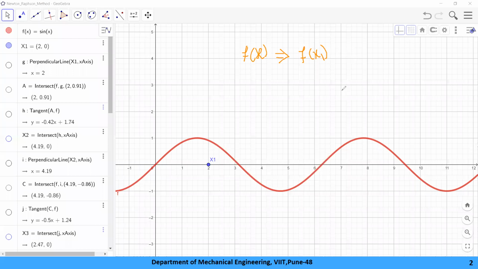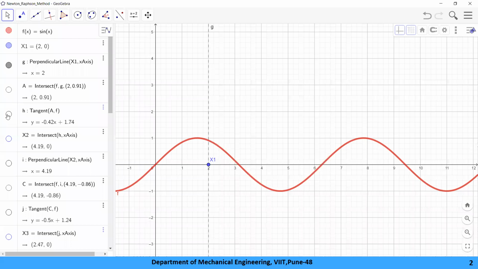So a point having coordinate x1 comma y1 is which point? If I draw a perpendicular to x-axis from x1, this is that point. Okay, so graphically I have elaborated in this way. Okay, this A point.